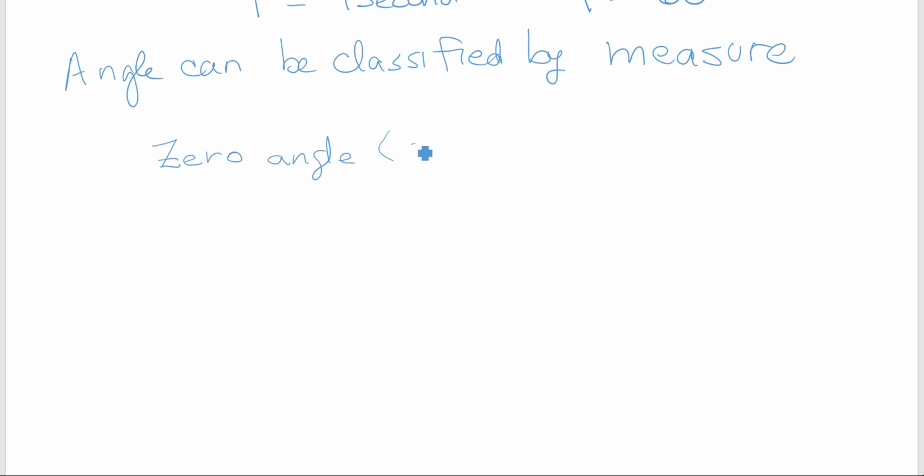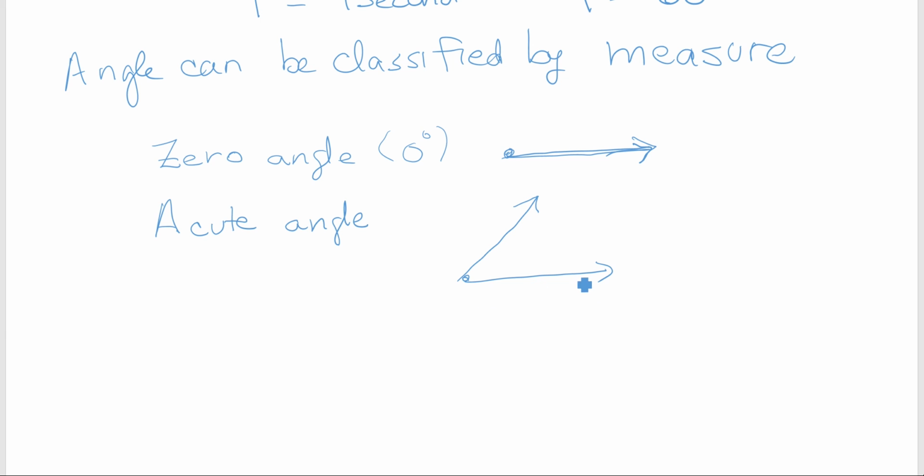Its measure is 0 degrees, and it would be an angle where the terminal side was right on top of that initial side. The next would be an acute angle, and an acute angle would have as its measure something between 0 and 90 degrees. So it's over 0 degrees, but less than 90 degrees.